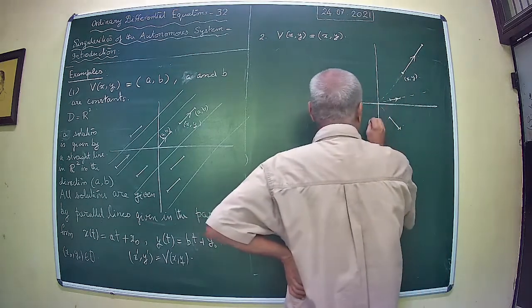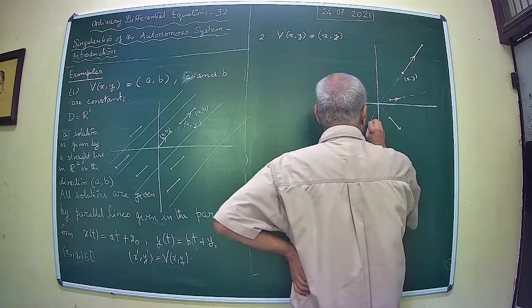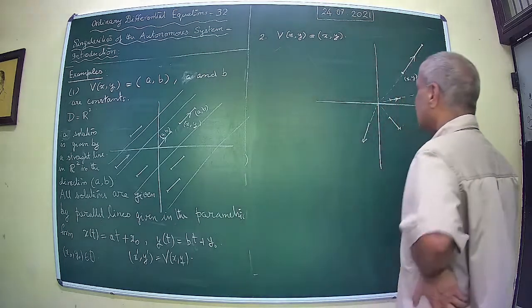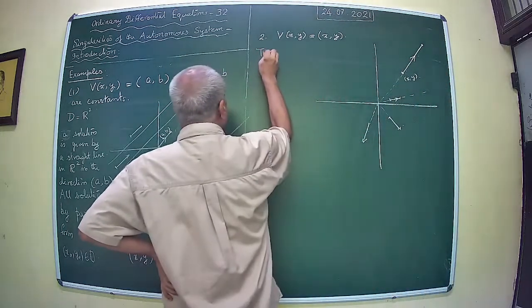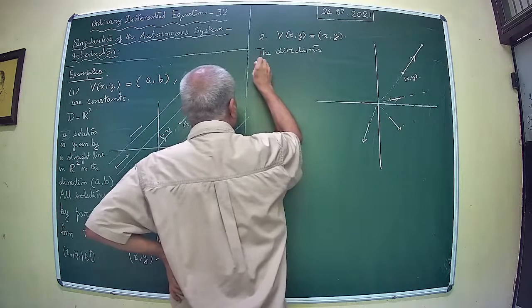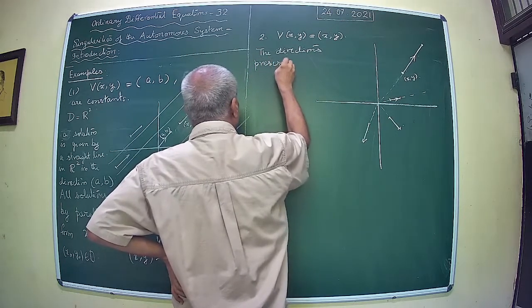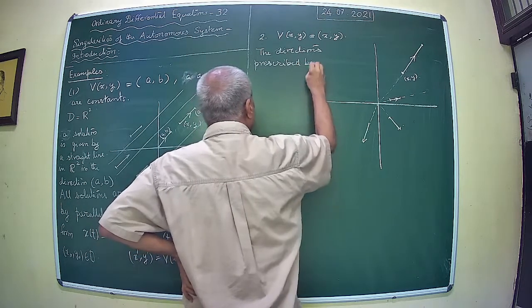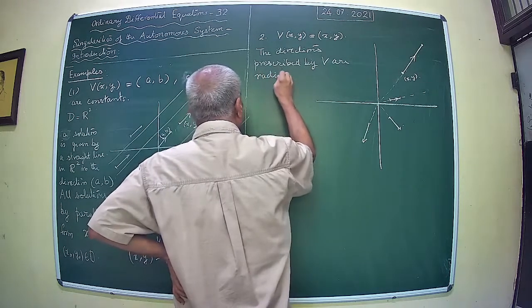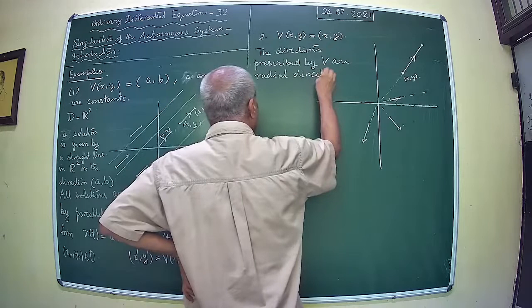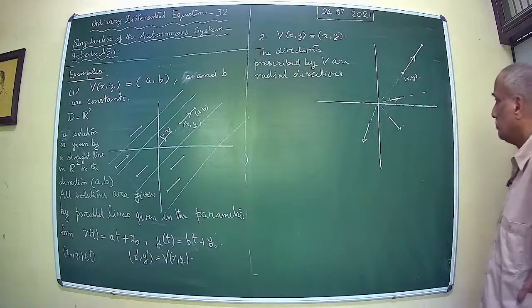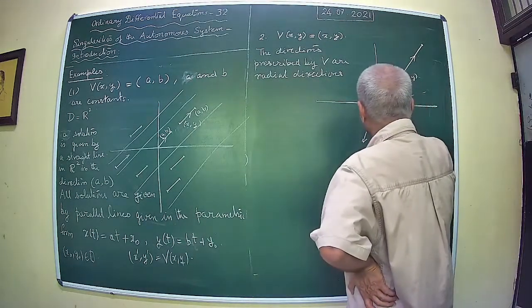If I take a point here, then the direction is this. So you see that they are all radial directions.